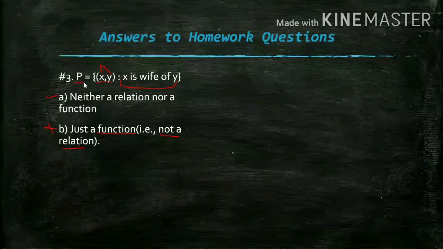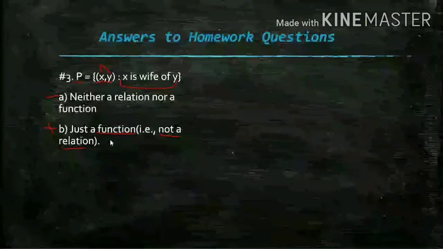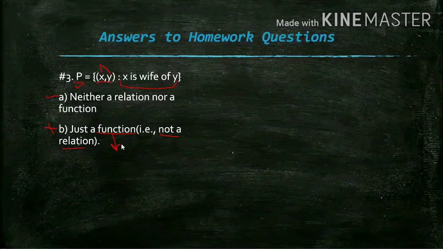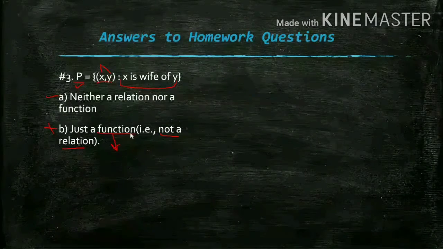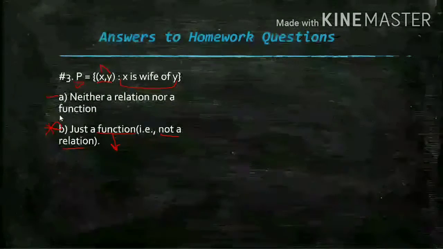That means this is just a function but not a relation. Can this be true? Definitely not. Because in the function definition we say that it must be a relation first in order to have a function. So this can't be true. If it is a function, then it is always a relation. So this option is automatically discarded.